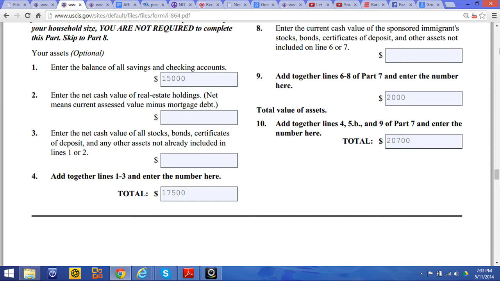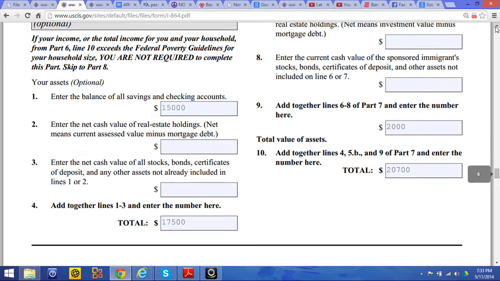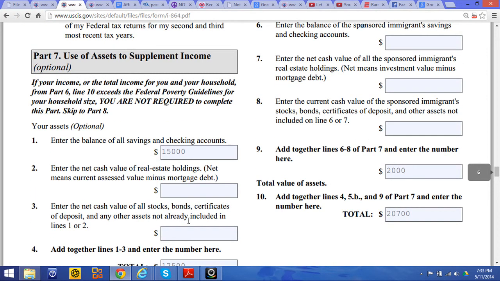It depends, but like I said, if you want to use a house, it's really tough. You will need to hire an appraiser, so it's really up to you. You also have the option to leave this blank and let someone else fill it, like a joint sponsor, a friend.